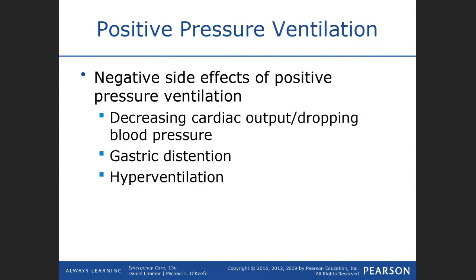One way you can check that, if you have a lot of hands on deck and somebody's bagging the patient, is to feel the carotid pulse each time the patient is bagged. If the carotid pulse disappears, the person is ventilating too forcefully and too fast. That's reducing the venous return.